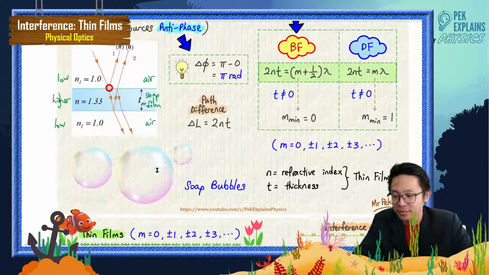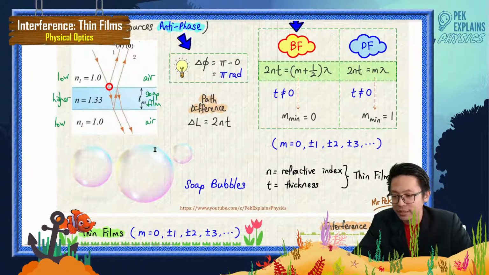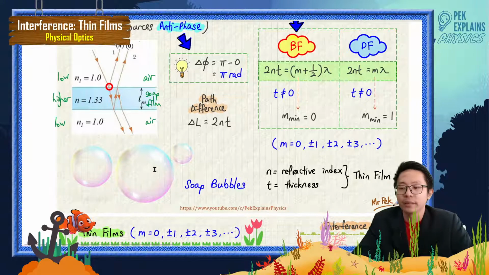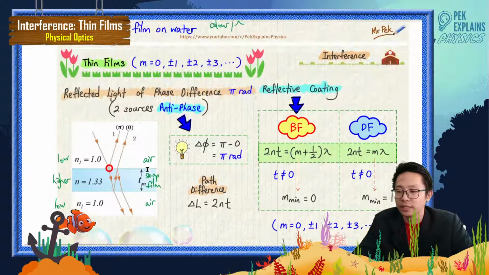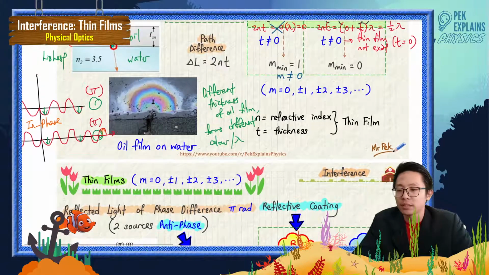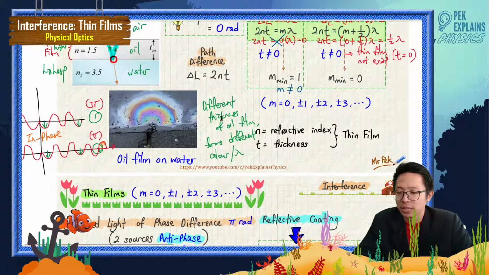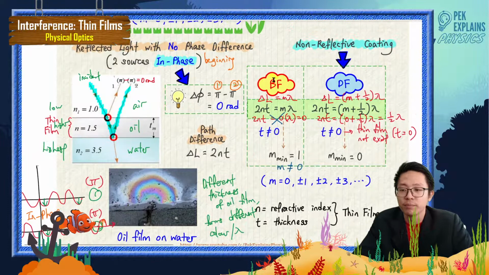Also, you can see different colors. You can see blue, yellow, red, violet, because of different thickness, just like the oil film. Because they have different thickness, they form bright fringes of different wavelengths of reflected light at different thickness.